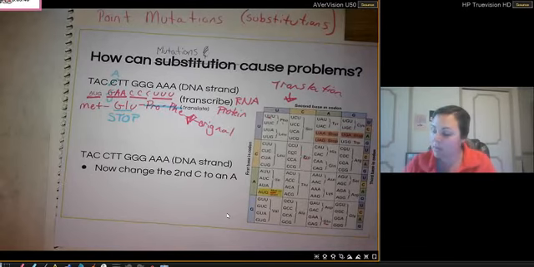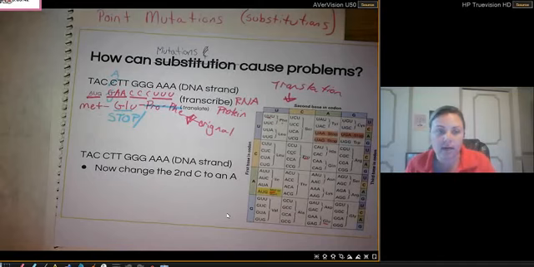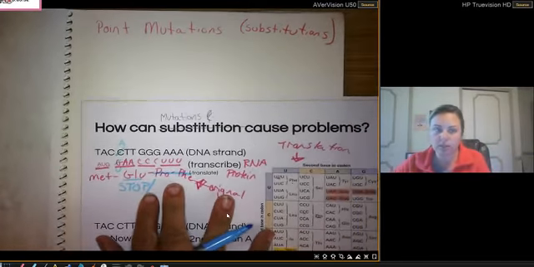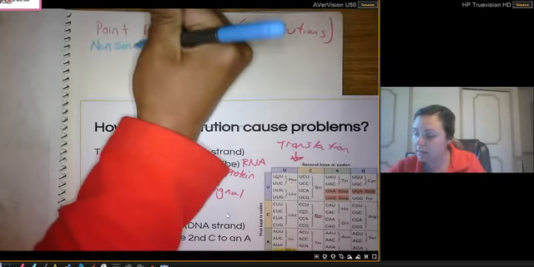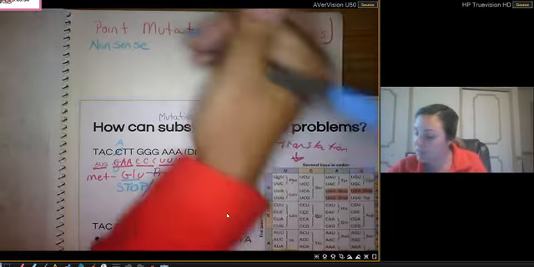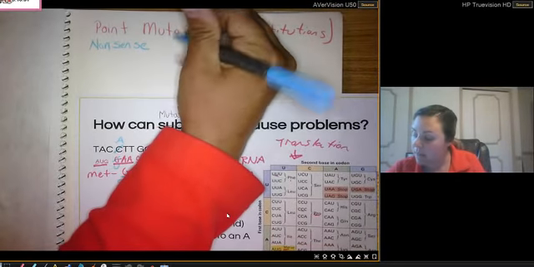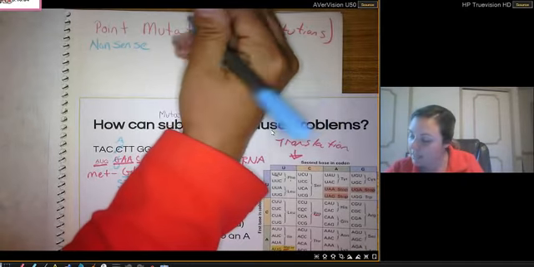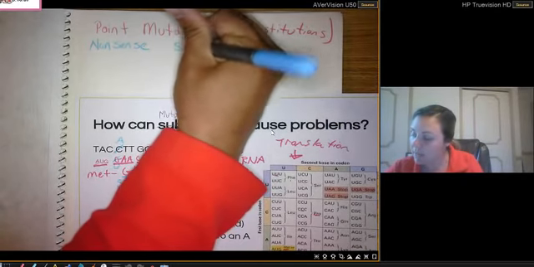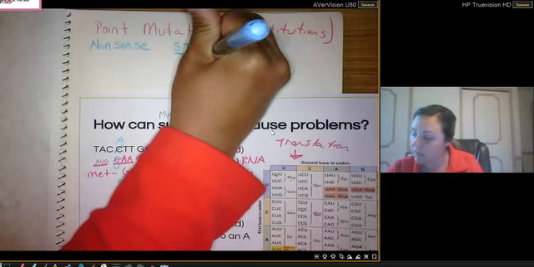The protein is literally cut off right there. And so a lot of times this is going to cause a dysfunctional protein. So we call this type of substitution nonsense. Nonsense mutations give you a stop where there should not be one.